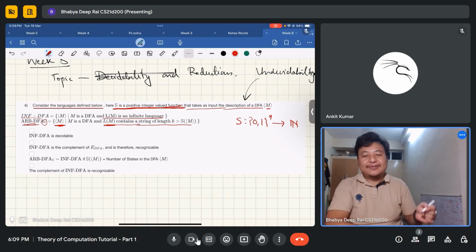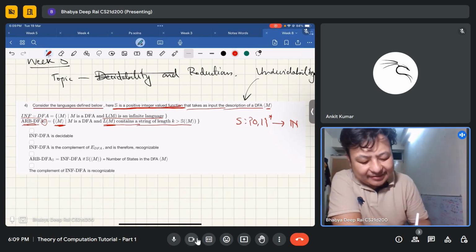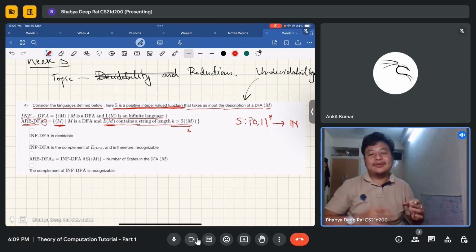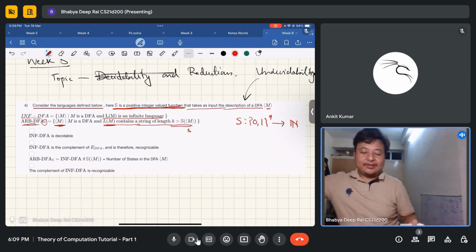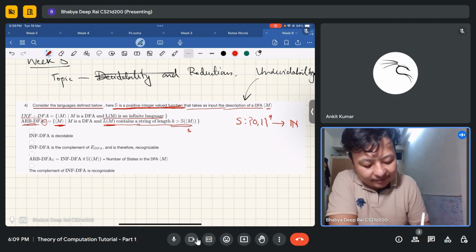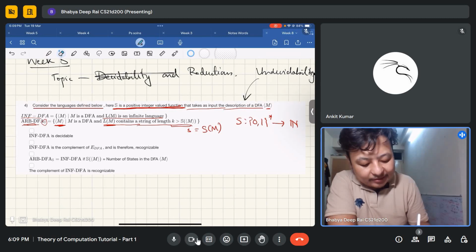But just for ease, you can just take it k greater than some small s. Let's not confuse ourselves by thinking about s to be a function. Let's just say it is small s, s equals s of M. So k is greater than s. That's all we are saying.